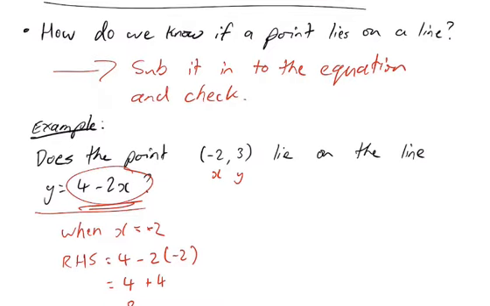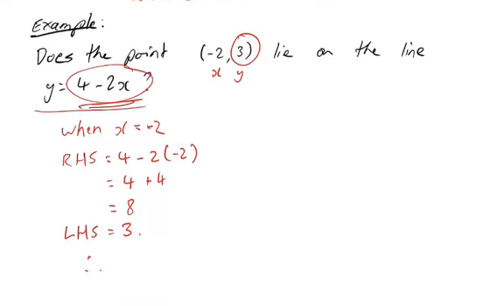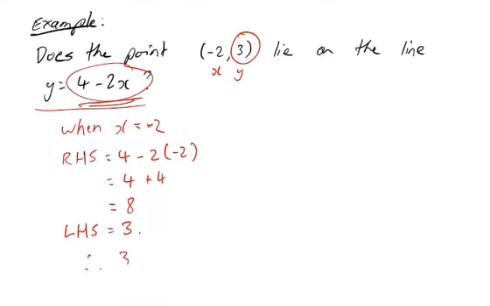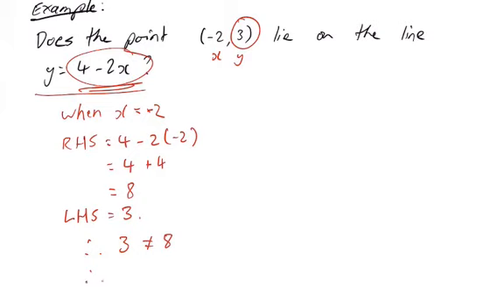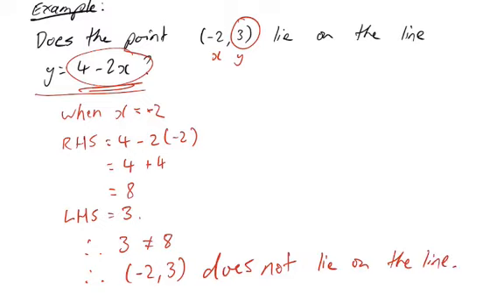But we're told that y equals 3, so my left-hand side equals 3. Clearly 3 doesn't equal 8, and therefore the point (-2, 3) does not lie on the line. Okay, so we can always substitute the coordinate into the equation by doing that.